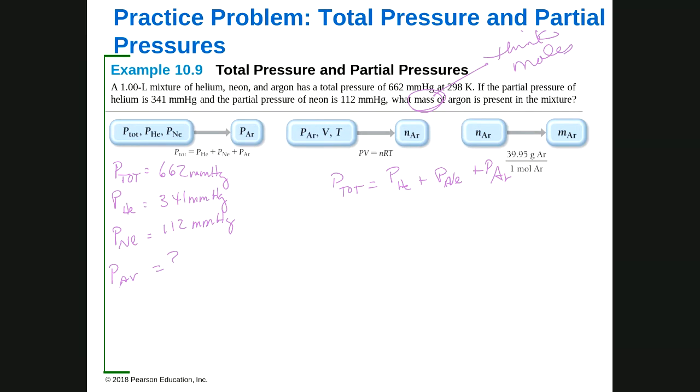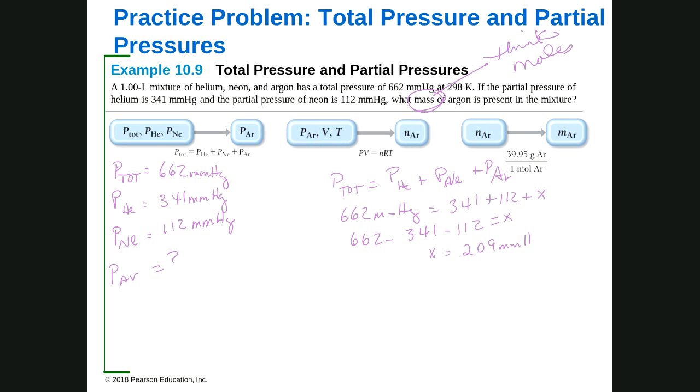So 662 millimeters of mercury equals 341 plus 112 plus X, right? And so 662 minus 341 minus 112 equals X. So X is going to equal 209 millimeters of mercury.